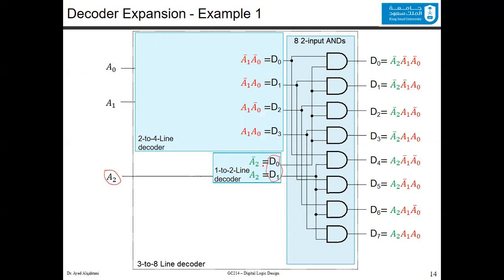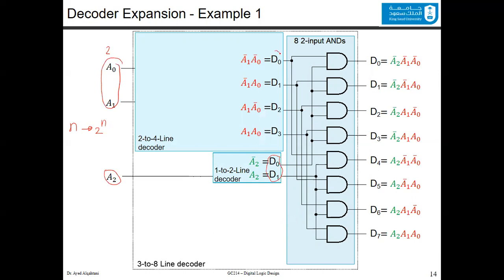In any decoder, the number of outputs is equal to the upper bound: if you have the inputs to be n, then the output will be 2 to the power of n. And as you can see here, we have 2 inputs.